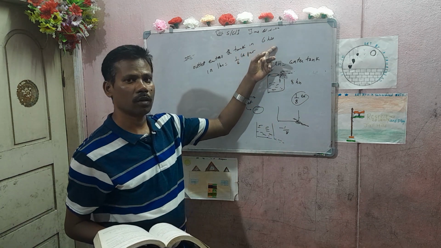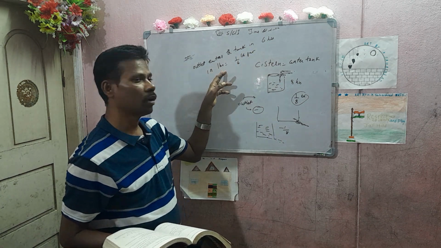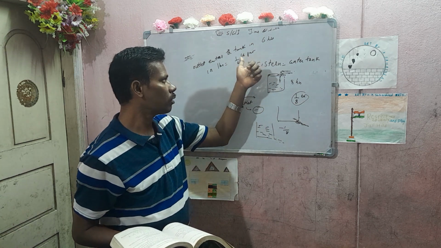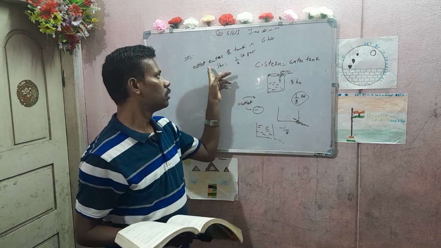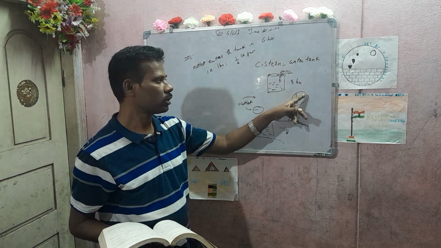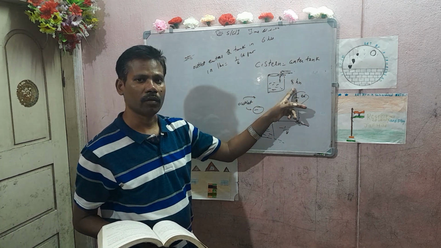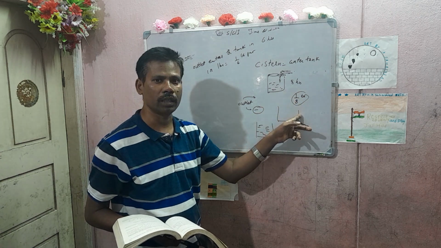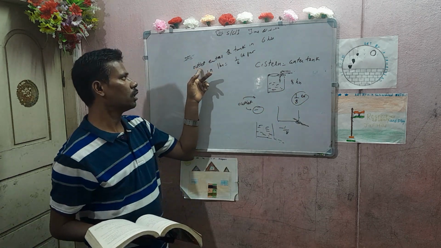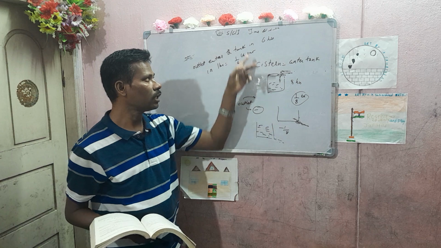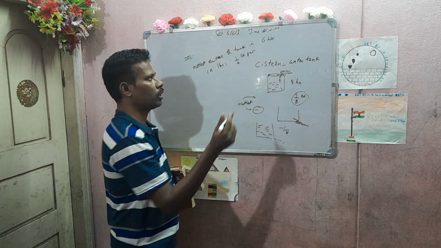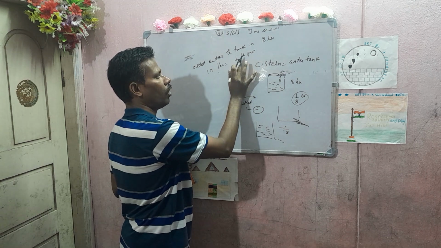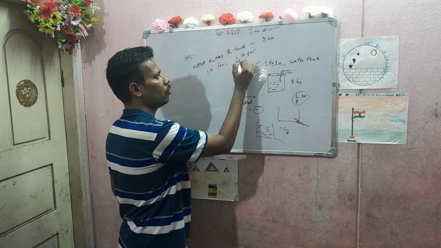If it takes 6 hours, in 1 hour what part of the tank is emptied is 1/6 part. And if the tank is filled in 8 hours, in 1 hour the part of the tank filled is 1/8. Same way, if an outlet empties the tank in 8 hours, in 1 hour the part of the tank emptied is 1/8 part.